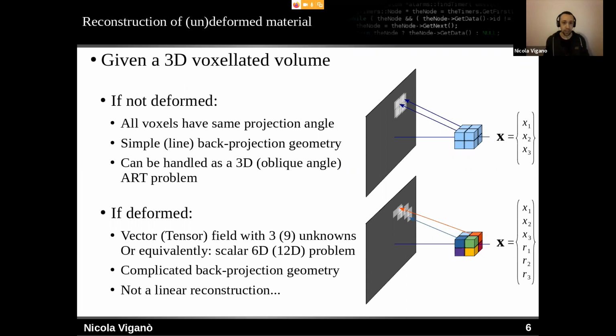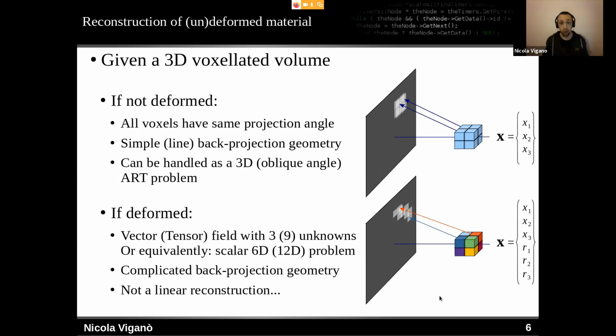And that means that if we use this representation, so for an average local crystal orientation, the projection geometry, as we can see here in the image below, gets complicated, okay?